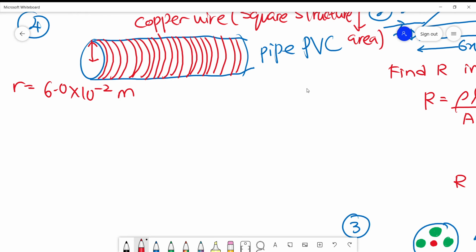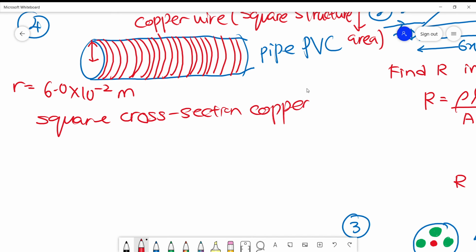So the square cross-section copper wire has a side of 1.5 times 10 to the power negative 3 meters.